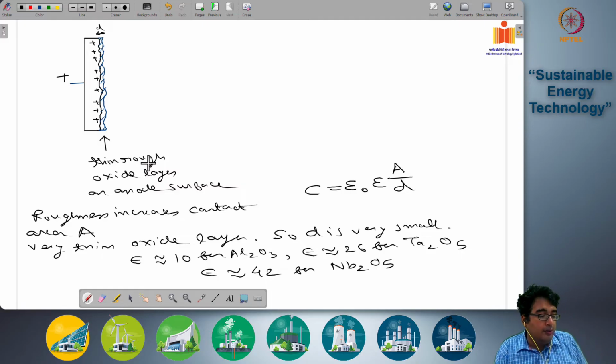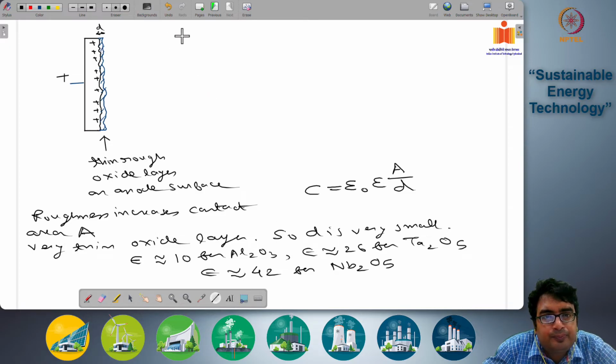Now, the question then is, where is the rest of the system? Where is the cathode, and what is there in the gap between the anode and the cathode? Okay. So first, let us draw the anode. The negative charge, the cathode section. So the cathode is a traditional cathode.